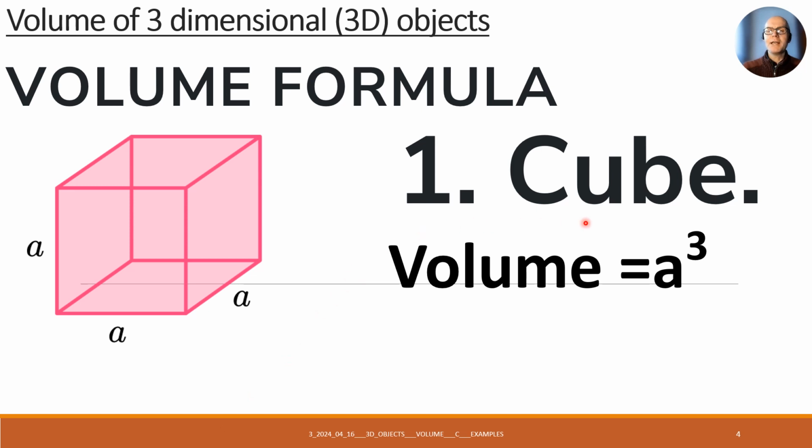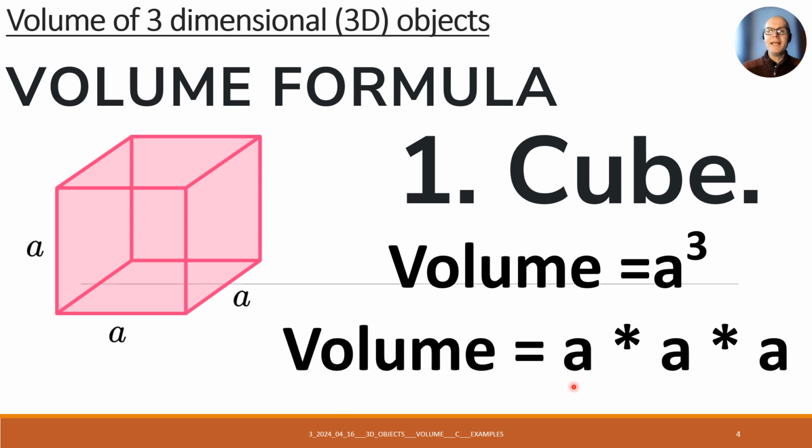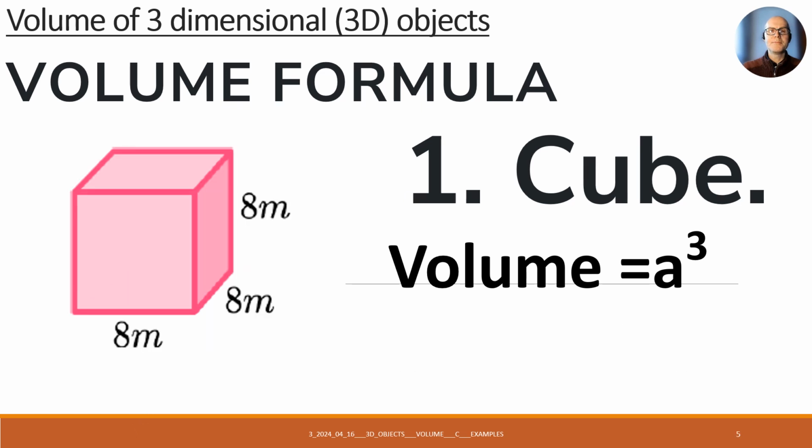First example we're going to look at is a cube. Here's the volume formula for a cube: A cubed, which means A times A times A. Here's the example we're going to look at.